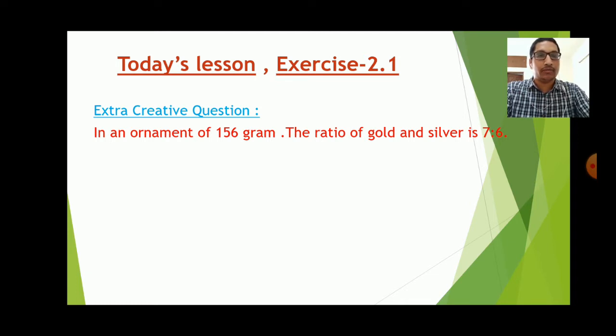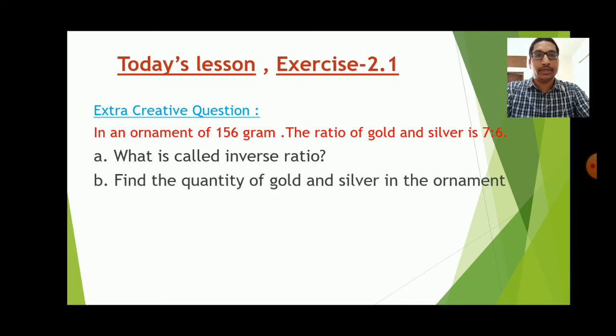Now our first question, what is called inverse ratio? That means here we will discuss inverse ratio. Number B, find the quantity of gold and silver in the ornament. That means here we will find out the separate gold and silver quantity.